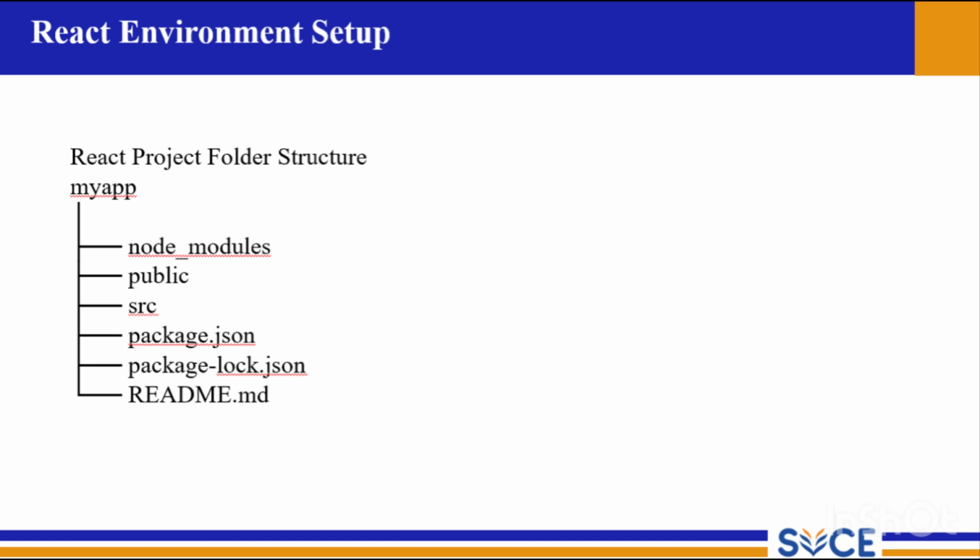The package.json file contains information about the project, including installed dependencies and scripts. During development, most of our work will be performed inside the src folder.